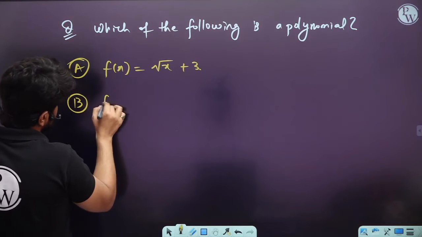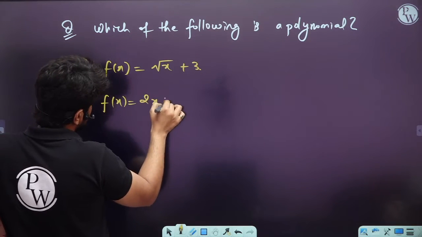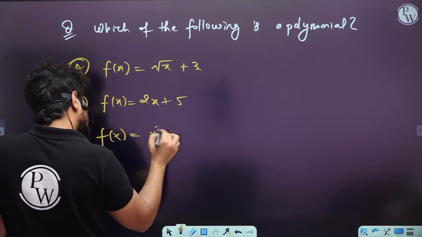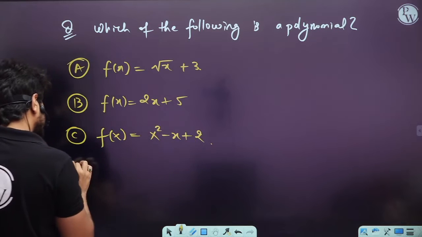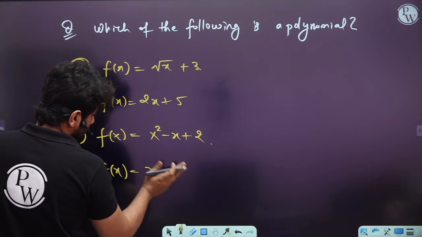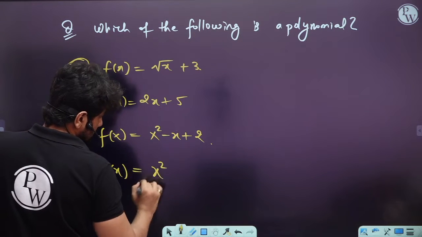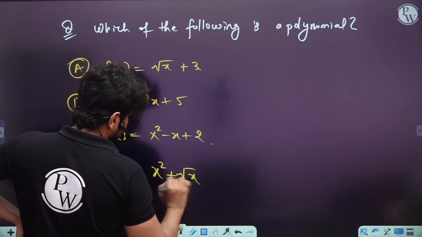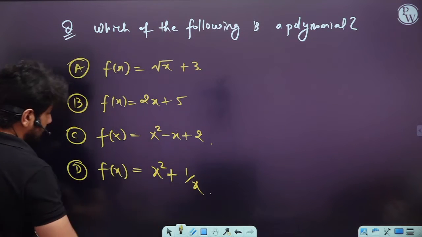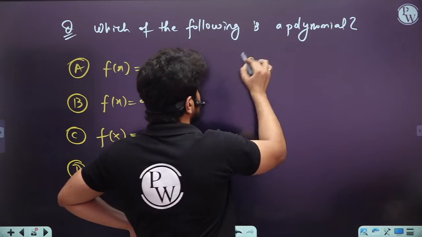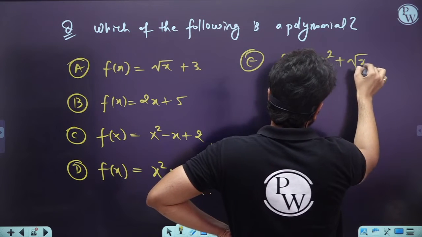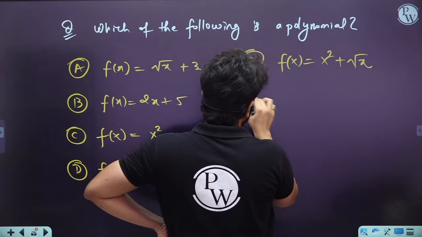Example B, f of x is equal to 2x plus 5. Example C, f of x is equal to x square minus x plus 2. Example D, f of x is equal to x square plus 1 by x, let's say. Example E, f of x is equal to x square plus root x.